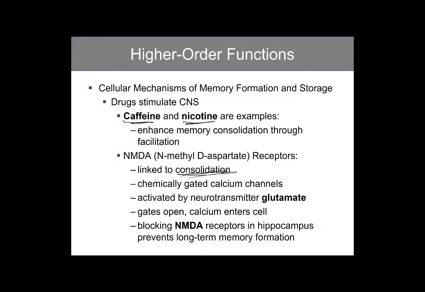These are chemically gated calcium channels that are activated through the neurotransmitter glutamate. When glutamate binds, the gates open, calcium enters the cell, and you get the facilitation of memories. Blocking these receptors in the hippocampus prevents long-term memory formation.